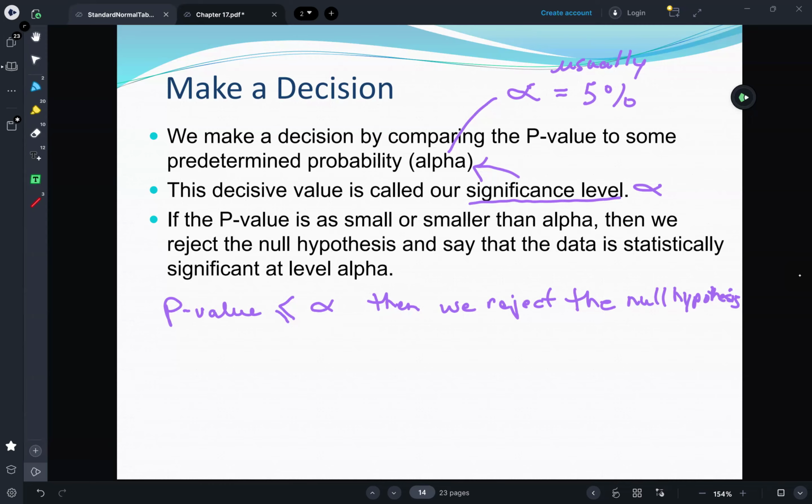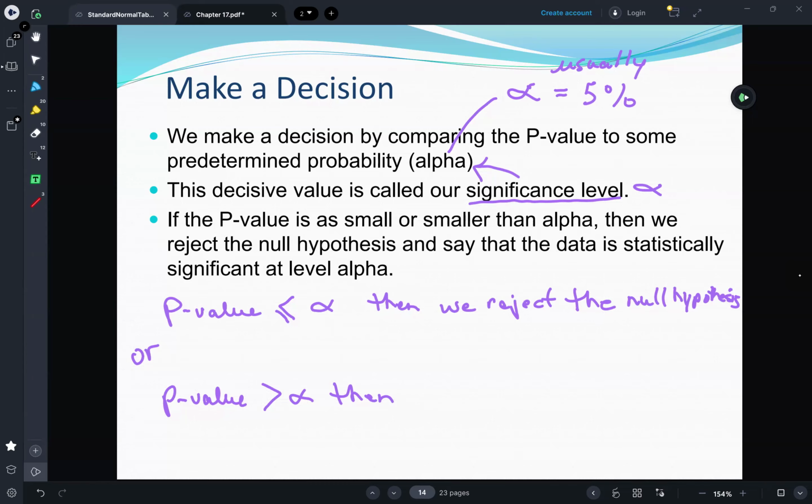So this is what happens. Or if the p-value is greater than alpha, then what do you think? What's your decision? If it's less than or equal to alpha, then we reject the null hypothesis. But if it's greater than alpha, what would you do? We can't reject, right?